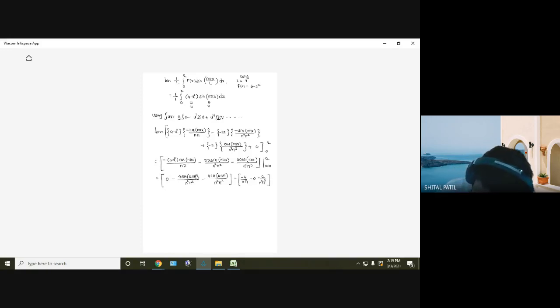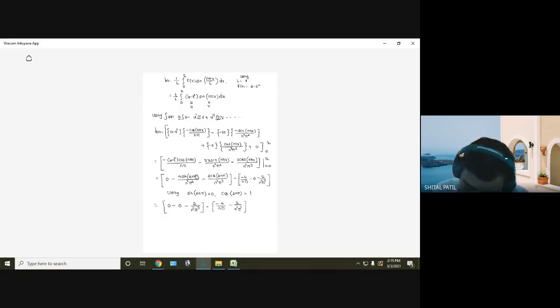Right. Now, next using sine of 2 n pi equal to 0, whereas cos of 2 n pi equal to 1, which we understood some time before. Use this formula. Therefore, first term 0, second term 0, minus of 2 divided by n cube pi cube, cos of 2 n pi is 1, therefore minus of minus 4 divided by n pi, minus of 2 divided by n cube pi cube.